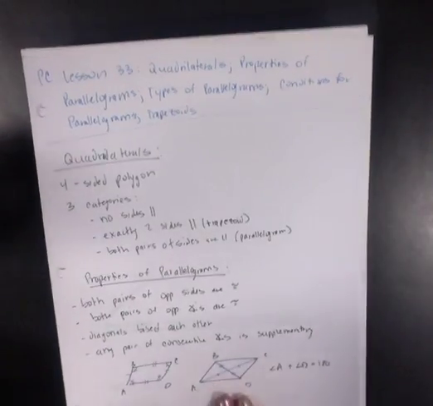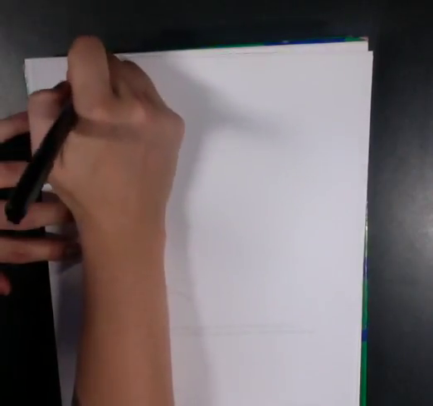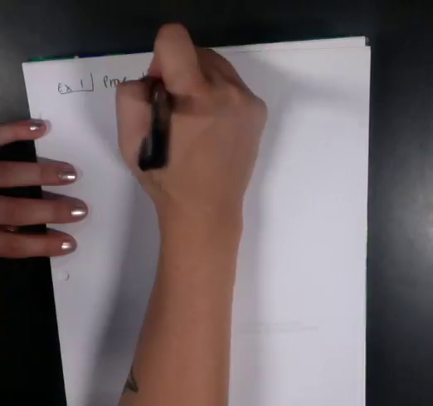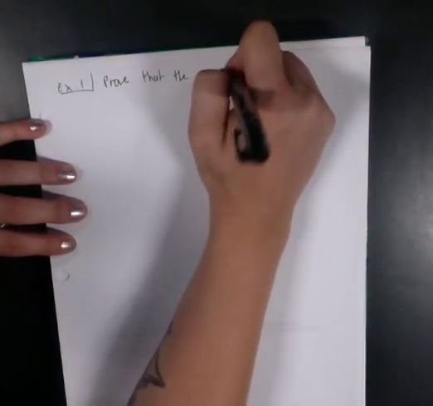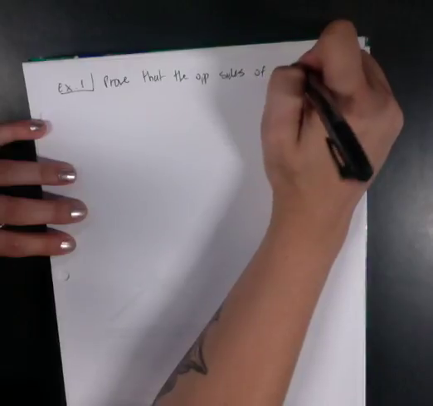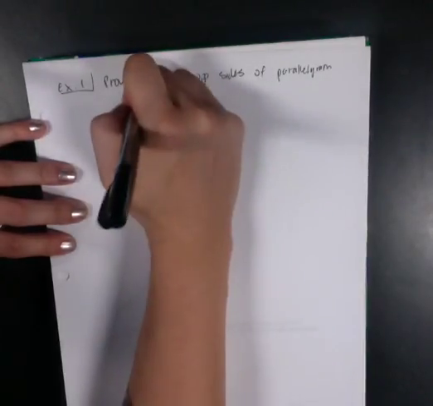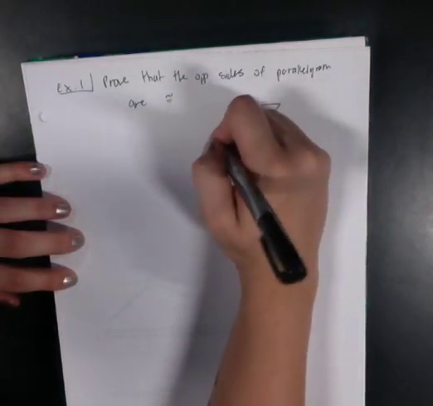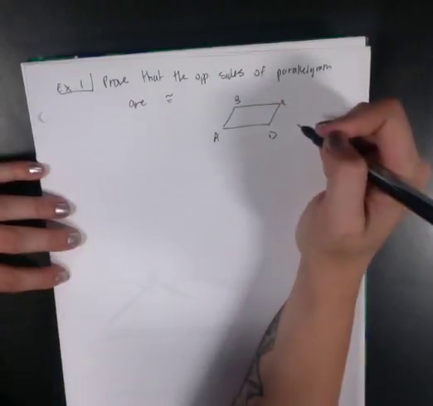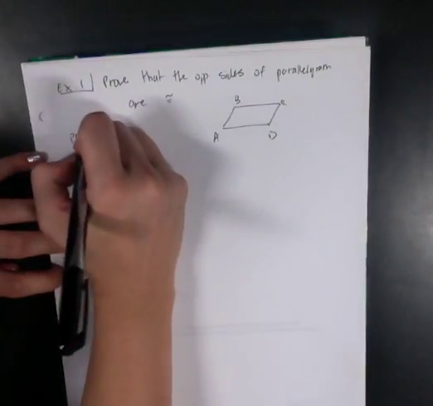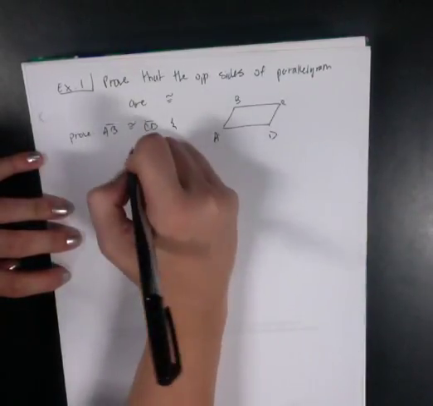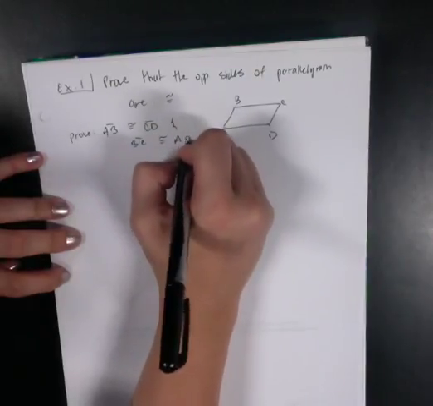All right, now let's do a quick example with parallelograms. We want to prove that the opposite sides of a parallelogram are congruent. So if I have this parallelogram, I want to prove that AB is congruent to CD and BC is congruent to AD.